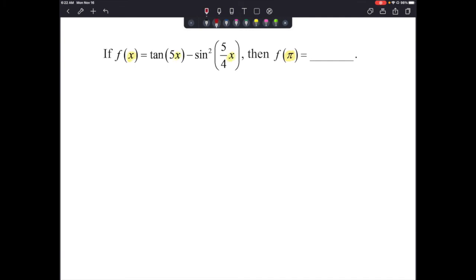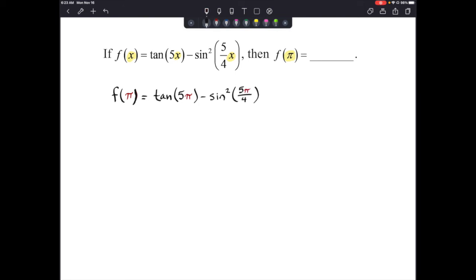So when we do that, we are going to say f of pi is equal to the tangent of 5 pi minus the sine squared of 5/4 times x, which is like saying 5 pi over 4.